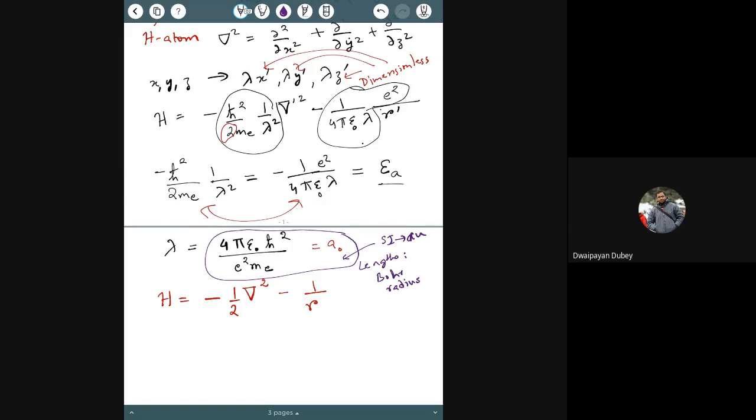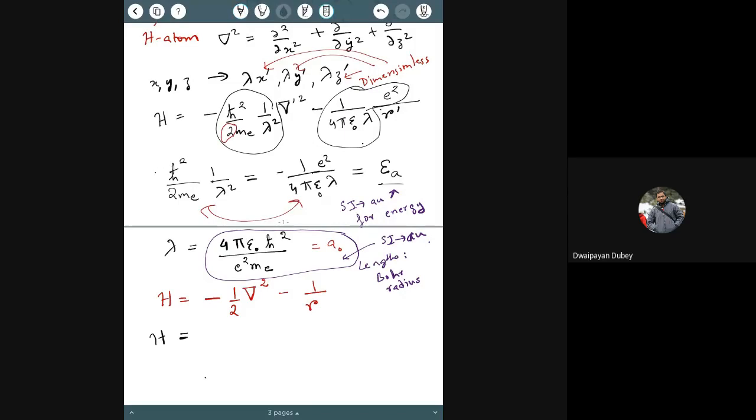And the energy that you obtain by putting lambda equal to a0 is the conversion factor for the energy, SI to atomic units for energy. That is EA. So when we put EA back into the original Hamiltonian, H is equal to, well, I should not have taken the negative sign here.